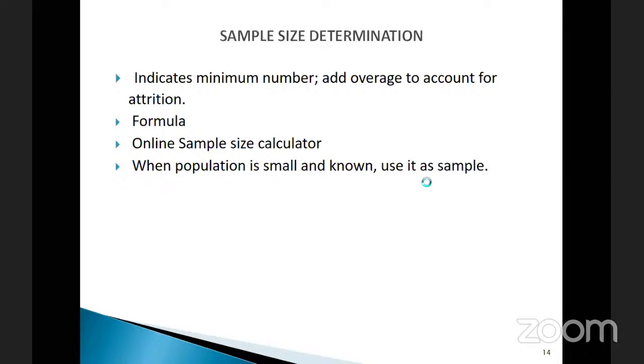It can be more, but it cannot be less, because if you have calculated your sample size to be 100, and at the end of the day, you have 80 patients, and now you're writing that there was a high dropout, that 20 dropped out, and now you are reporting based on 80.